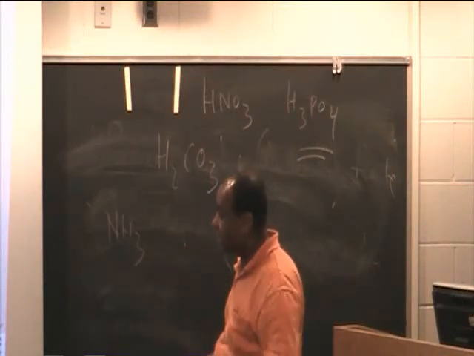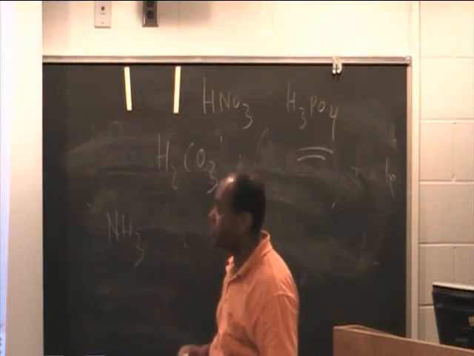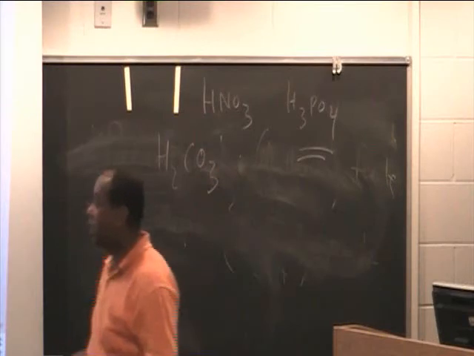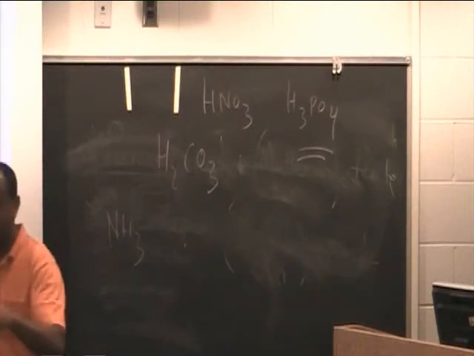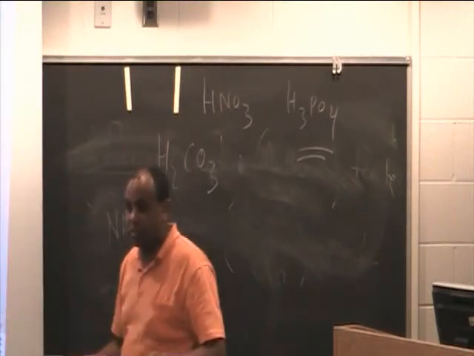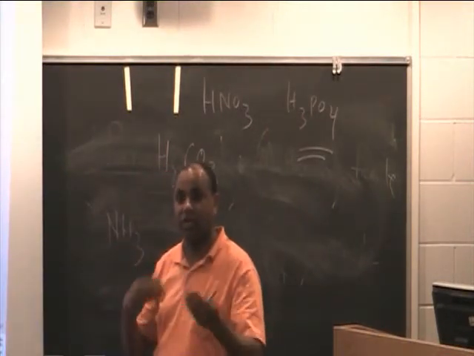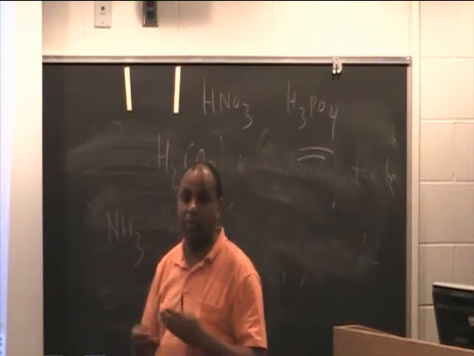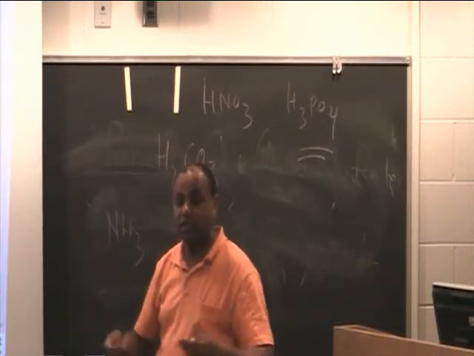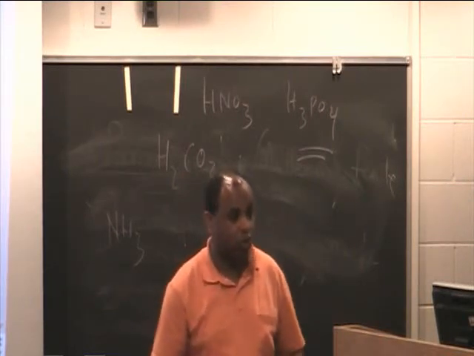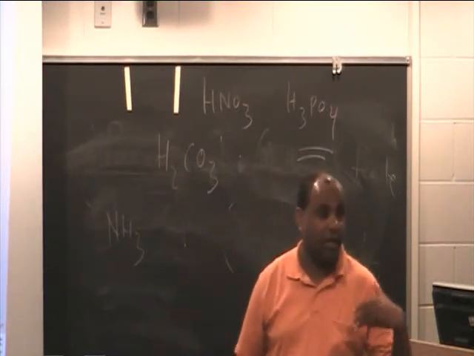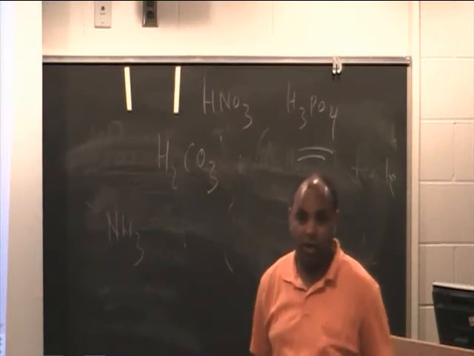But that's not the only reason we consider this a base, because bases also need to have a lone pair of electrons in order to accept something. You need to have some kind of interaction. There should be free electrons or lone pair electrons that can interact and form a compound.